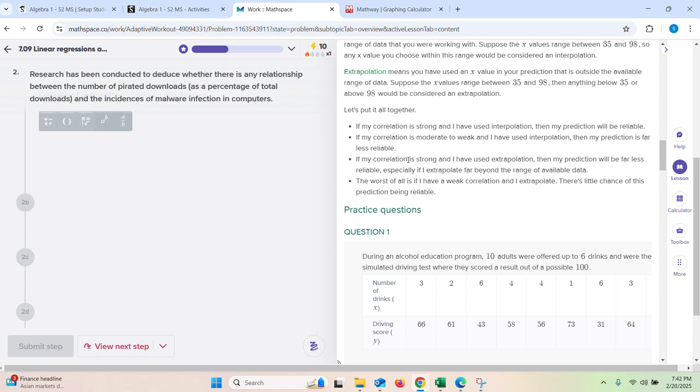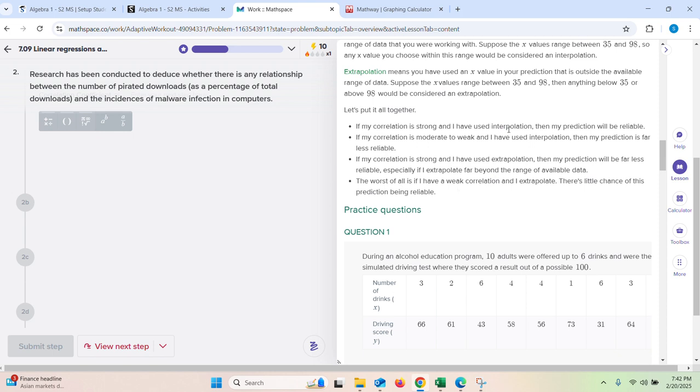Right? If the correlation is strong and I have to use extrapolation, then my prediction will be far less reliable. Extrapolation is a fancy word for best guess.